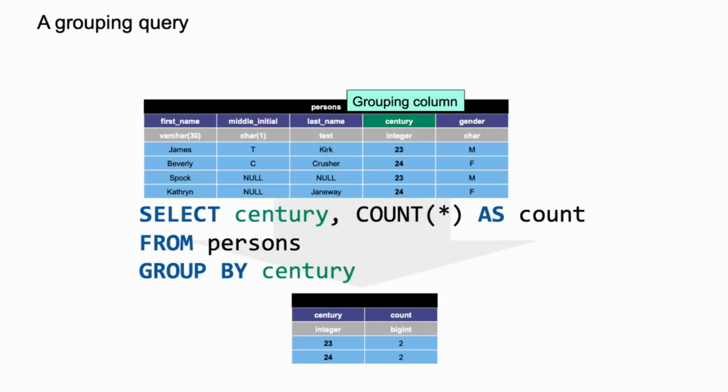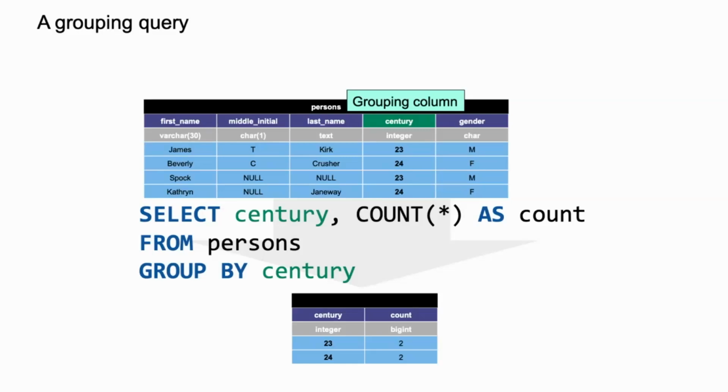Then we can do aggregations or grouping. Here, I would like to have statistics by century. I'd like to know how many people there were in every century. So if you look at the table up there, you see that there are 2 people from the 23rd century, Kirk and Spock, and we have 2 people from the 24th century, Crusher and Janeway, and so that's 2 and 2.